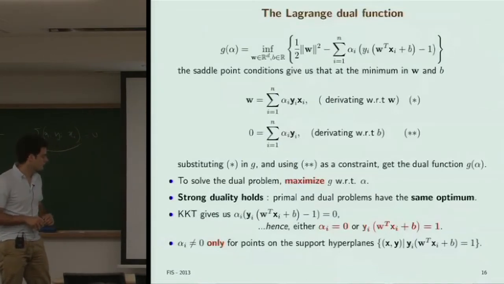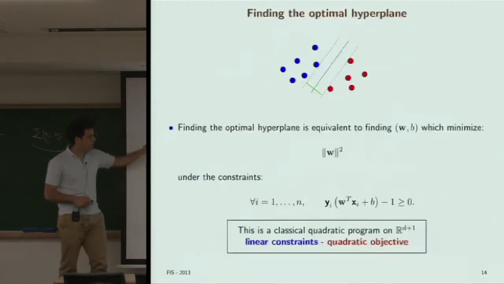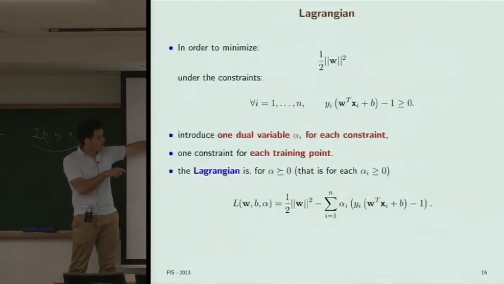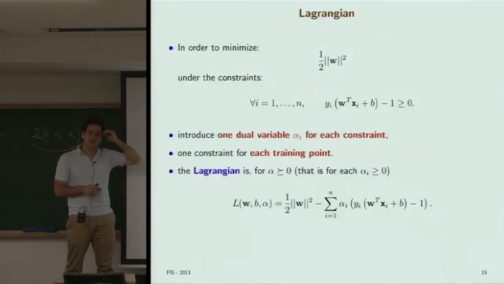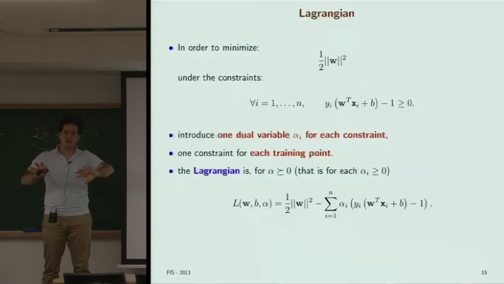So let me just go back to what we did. We had a problem which is composed of an objective and constraints. I put the objective and the constraints together by computing the Lagrangian.